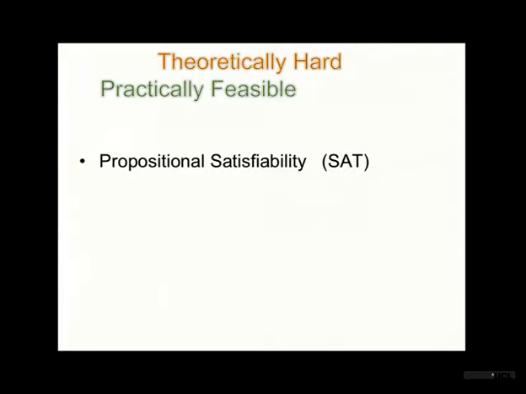SAT solvers are now very efficient, and they do miracles, and they solve instances of hundreds of variables. Still, SAT is NP-hard. So how do we settle this inconsistency?